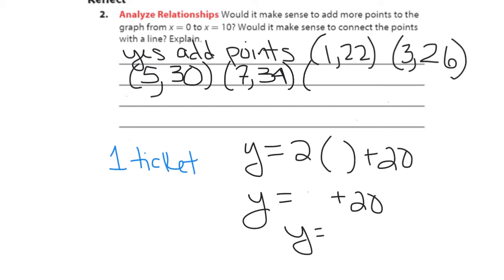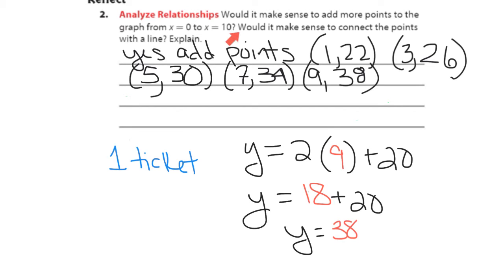And the very last one we could use, we could say 9. 2 times 9 is 18. 18 plus 20 is 38. So 9 tickets would be $38. So I could add 1, 2, 3, 4, 5 more points to that graph.